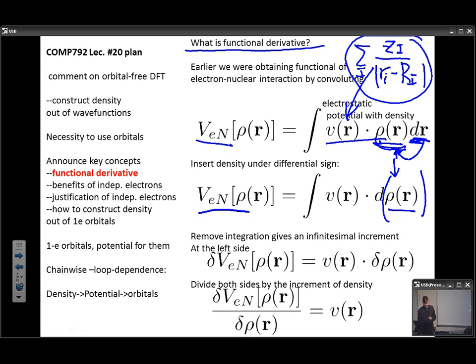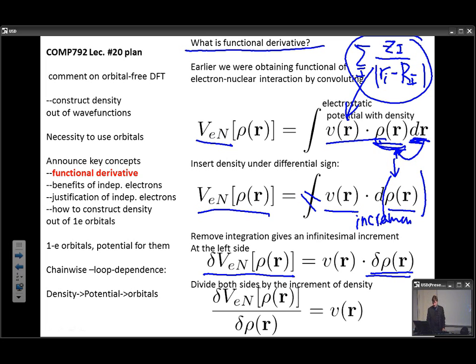And here we see the functional, the potential, and the increment of density. Let's remove the integration sign. Then on the left part, we'll see an infinitesimal increment to the energy term due to this operation, and on the right side, we'll have the infinitesimal increment of the density.